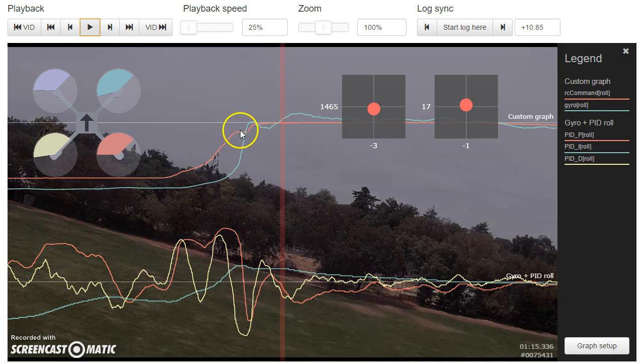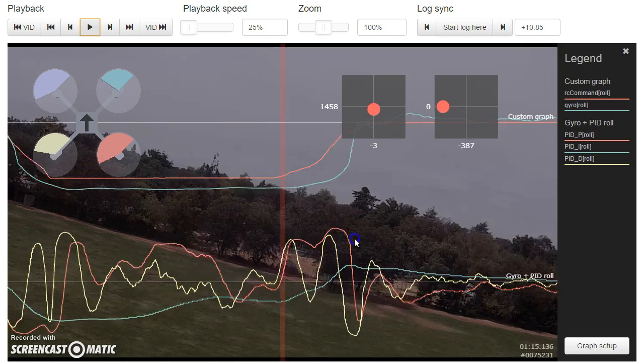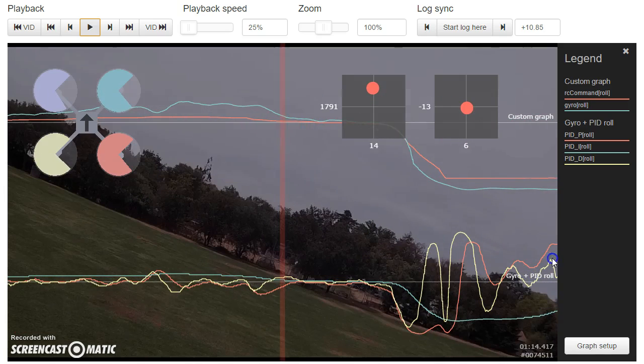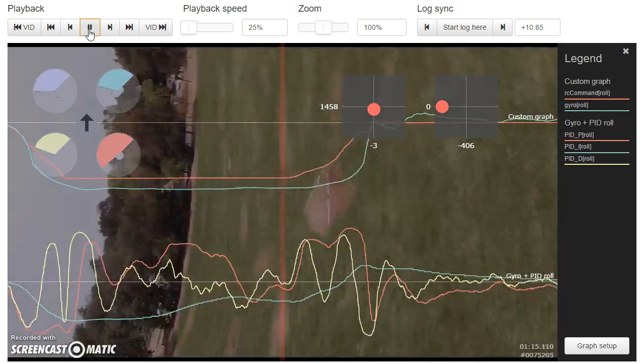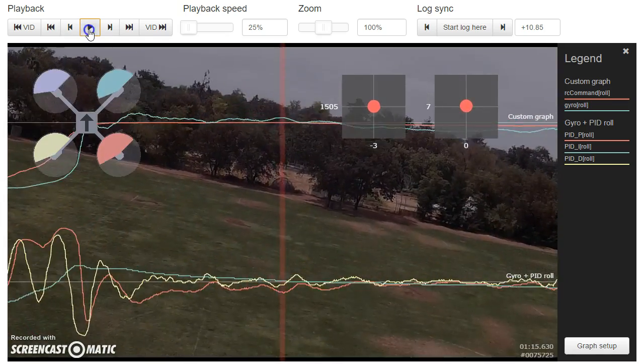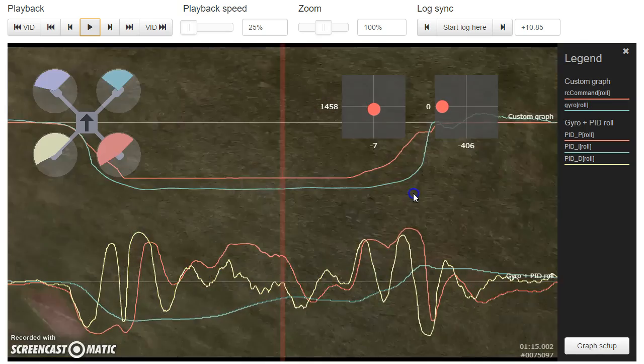And again, it looks like you're doing something with your stick here. So here you sort of held your stick in one position, and the roll stopped prematurely, and then had to continue. But that again is something you were doing with your stick, so we can't really draw too many conclusions there. Let's look at this one. See, that one looks just textbook perfect.